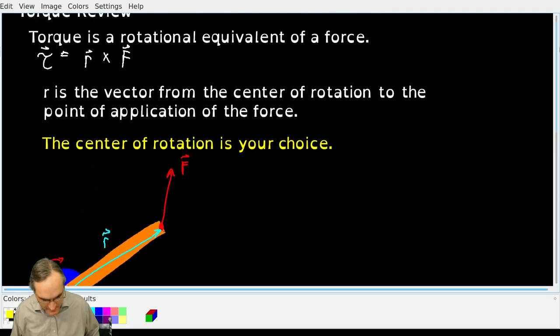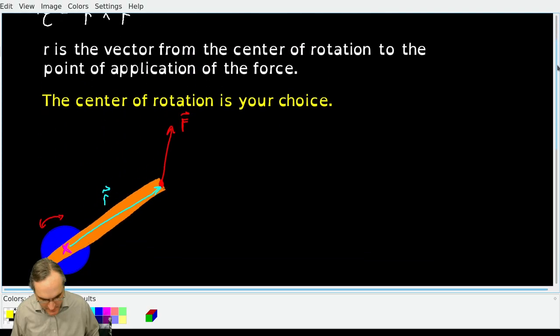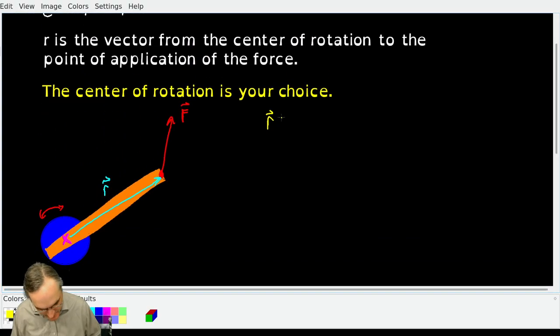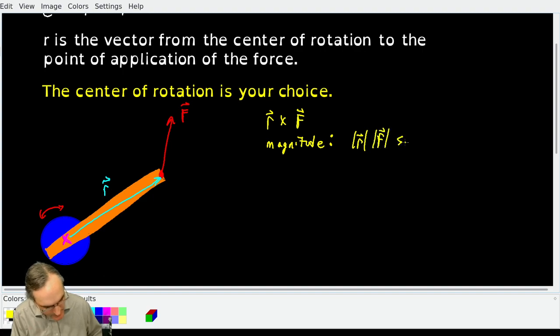All right, if we go back up to this, you notice that we have r cross F. Well, r cross F, we can find the magnitude and direction of it in a few different ways. Let's say we just want the magnitude. Then there's a shorthand way of doing the cross product. It would be the magnitude of our distance vector, the magnitude of our force vector, and sine of angle phi.